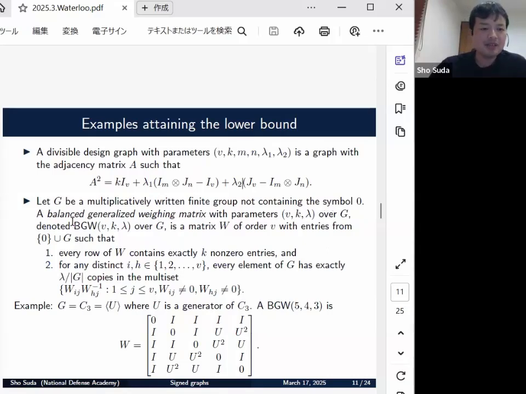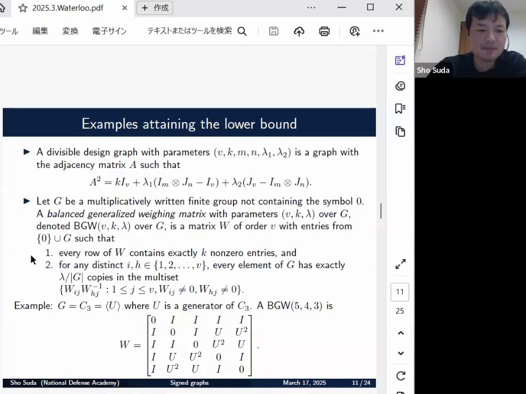A balanced generalized Weighing matrix with parameters v, k, lambda over this group G, which in this talk we denote as BGW(v,k,lambda) over G, is a matrix W of order v with entries from the union of 0 and the finite group G, satisfying two conditions.